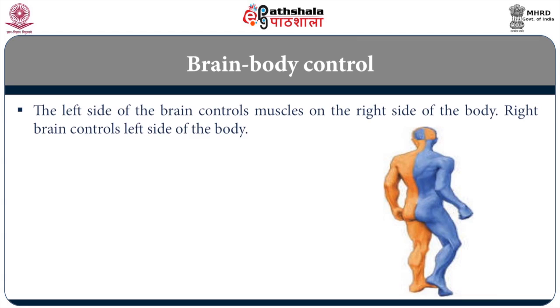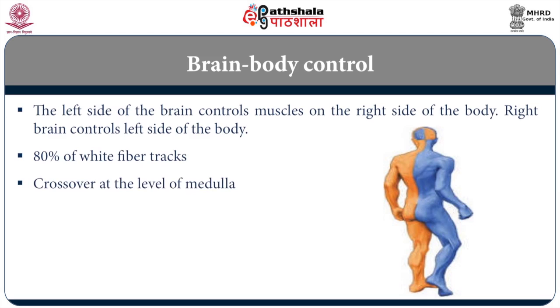The reason for this is the white fiber tracts which come down carrying information from the brain to the body; they cross over. 80% of the fibers cross over at the level of the medulla. 20% goes straight. But because 80% cross over, physically the right side of the brain controls the left side of the body and vice versa.